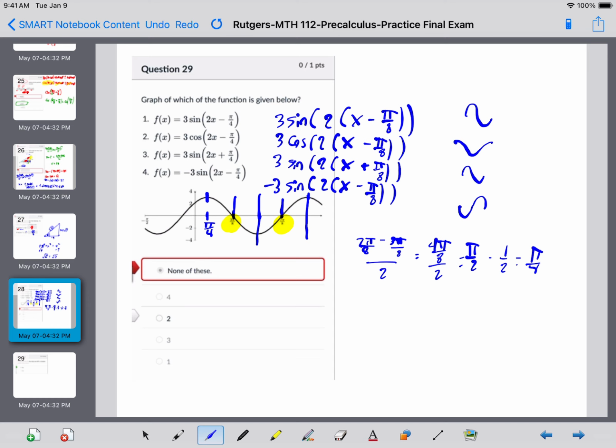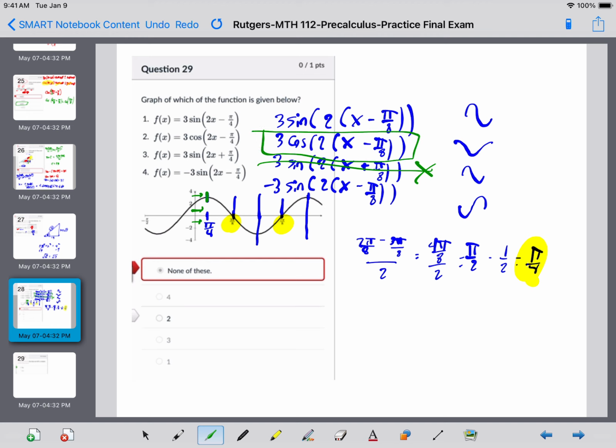So then you have 3 pi over 8. Okay, I mean, we already found what it shifted by. It shifted by pi over 4, and it looks like it shifted right pi over 4, which means if it's going right, it has to be negative. So the ones with the positive, we could cancel out. And that's your cosine function because it starts at the maximum.